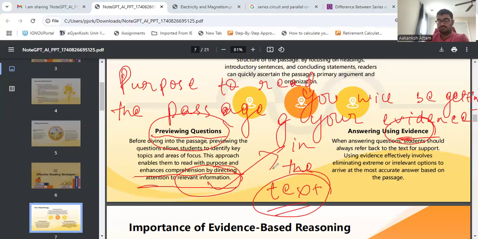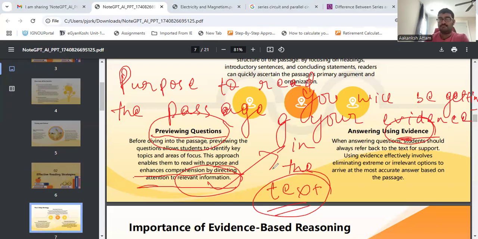Why do we try answering using evidence? Because using evidence effectively involves eliminating extreme or irrelevant options, so that you can get the most accurate answer based on the passage. Generally, I have seen students face a lot of difficulties finding the most appropriate answers.